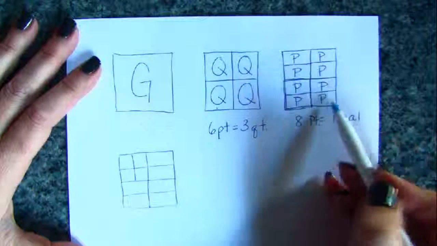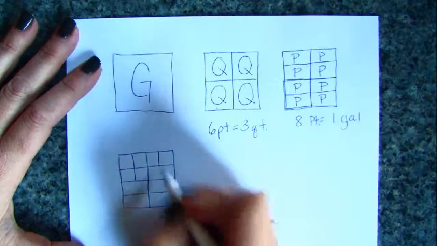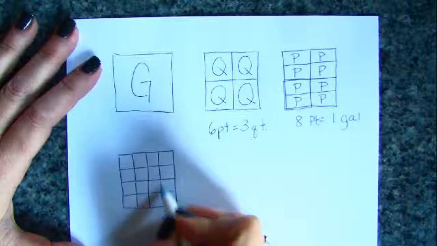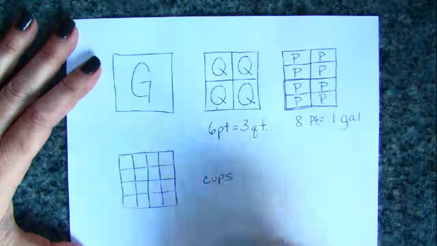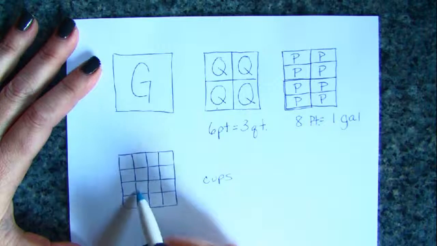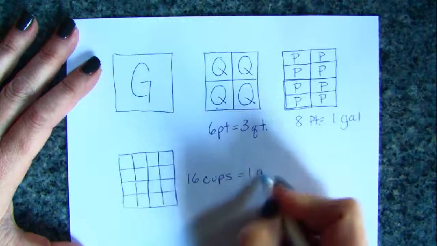We know in each pint there are 2 cups. If we split this entire gallon into cups, there are 4, 8, 12, 16 cups in 1 gallon.